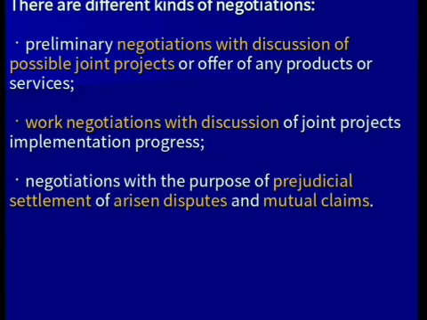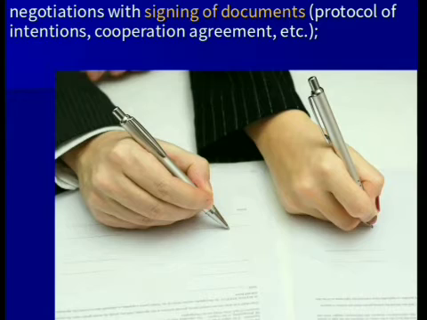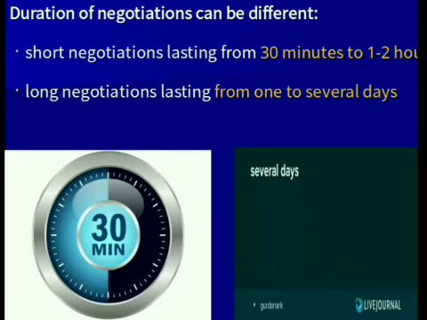So negotiation can be on a joint project, or some discussion, or pre-judicial settlements, or some kind of court issues. Negotiation with signing of documents is also possible. According to the meaning of negotiations, they have to choose interpreters. And when we speak about duration, it may last from 30 minutes up to 2 hours or several days.